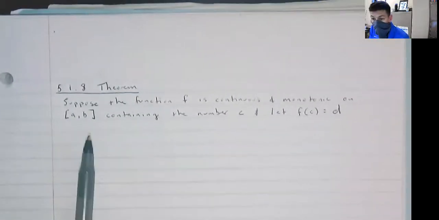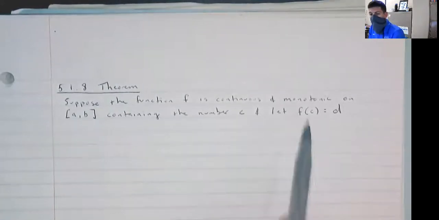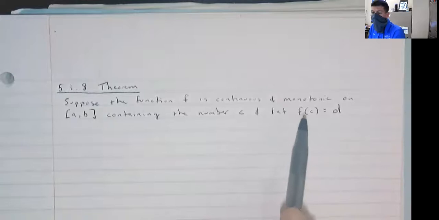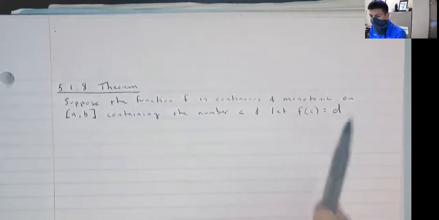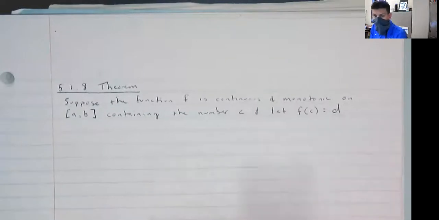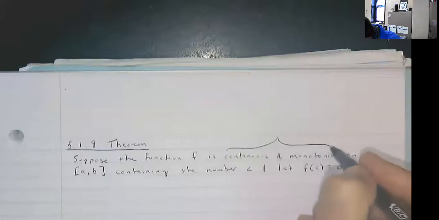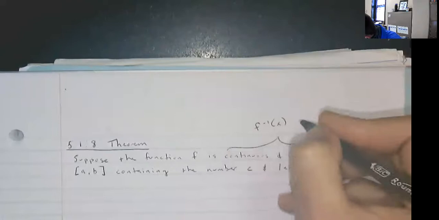This is not written in your theorem, but I want to point this out early. If f of c is equal to d, the fact that we have a continuous monotonic function means f inverse of x exists.